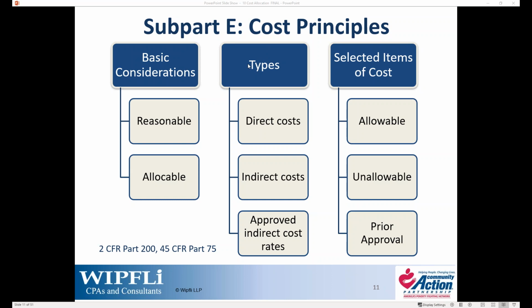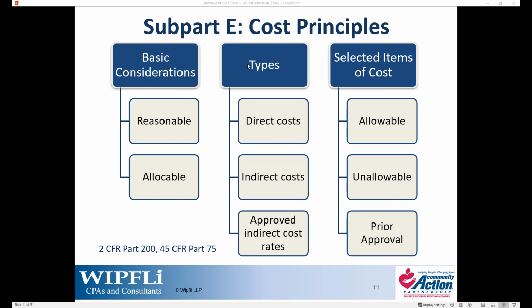Then we have to consider different types of costs. Is it a direct cost? Is it an indirect cost? Or is it a cost that I'm allocating using an approved indirect cost rate? And then we have to consider in the selected items of cost whether or not I could charge to this particular program.